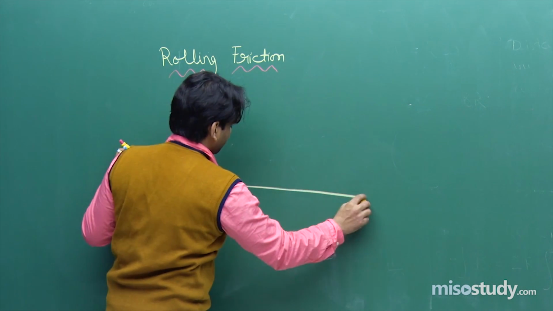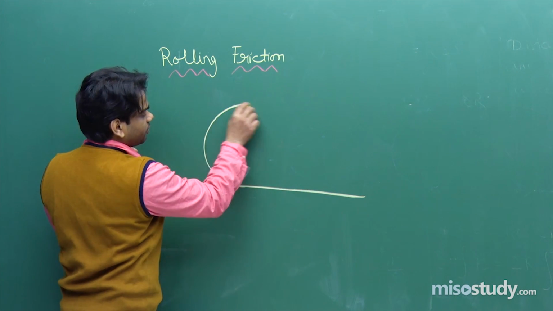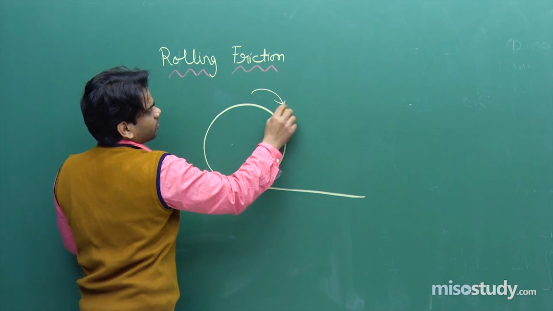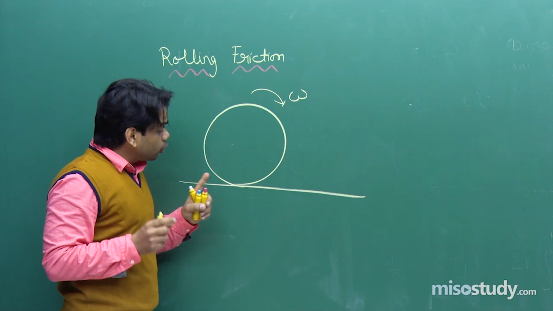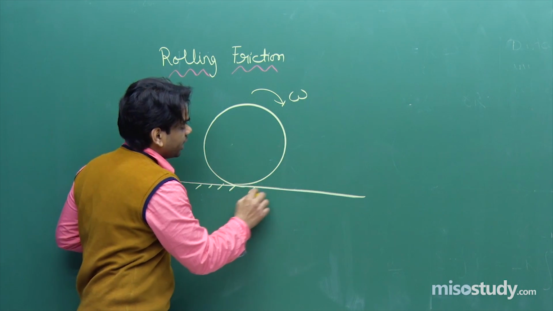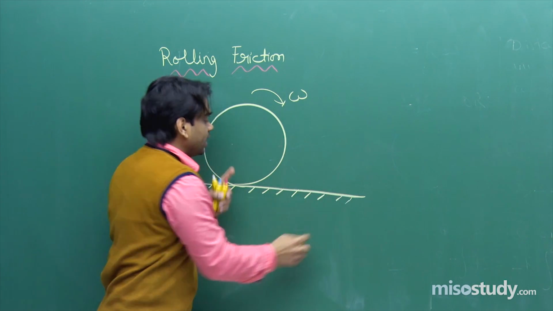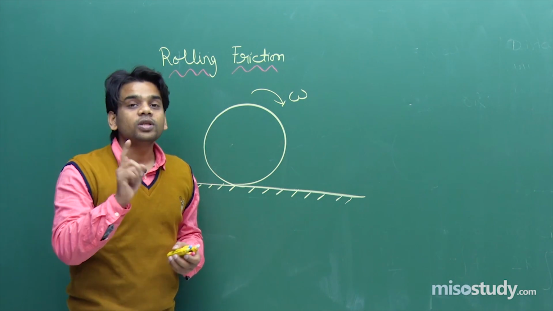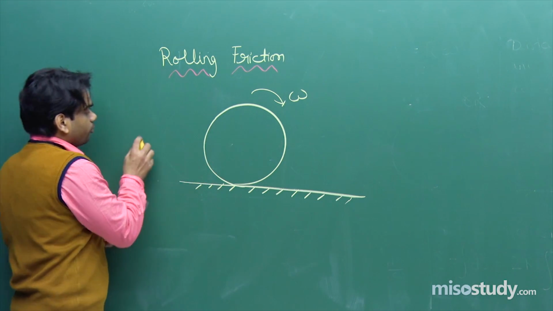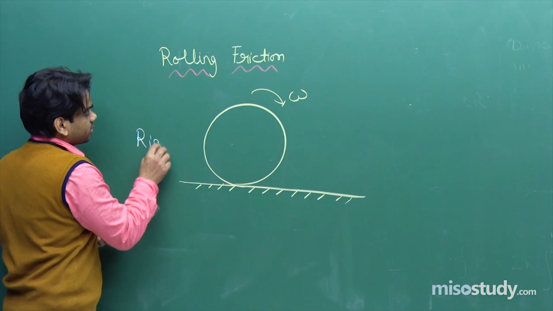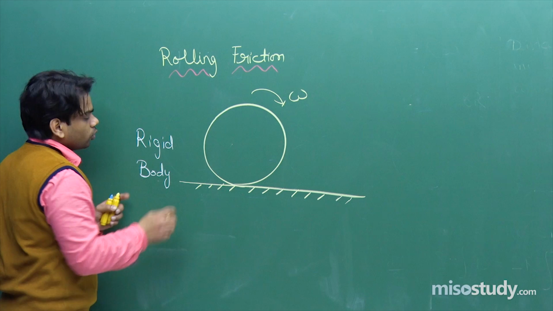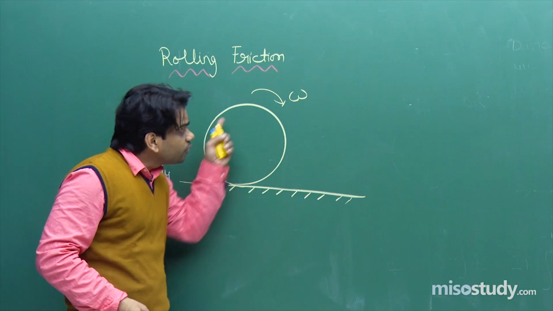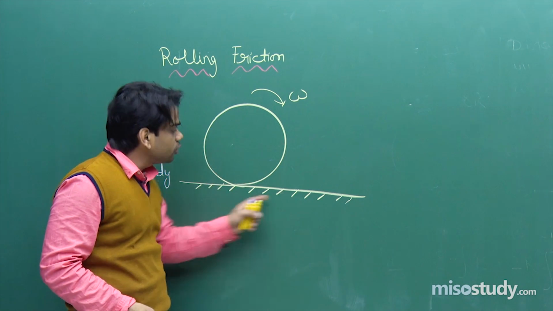Suppose we have a wheel which can rotate with any angular velocity omega. Now if you see the surface on which it is rotating and the wheel which is rotating, if both are rigid bodies, that means this wheel is also rigid and this surface is also rigid.